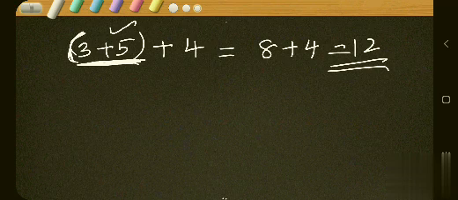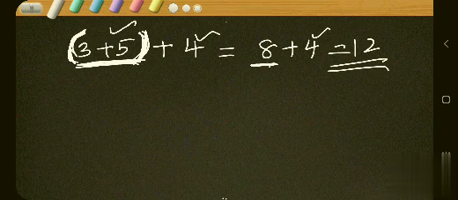Okay. Here we have put the bracket here. And as per the rule, what we have to do? Operations inside the bracket have to be done first. So first we have added 3 and 5, so we get 8, and then we have added 4 with this 8. Finally, we got the answer 12. Okay.